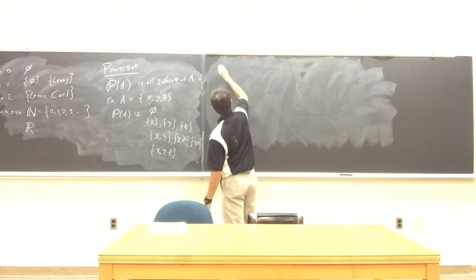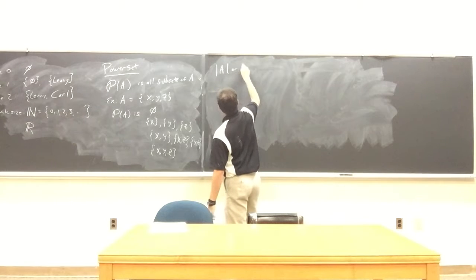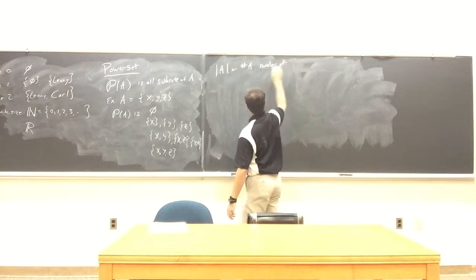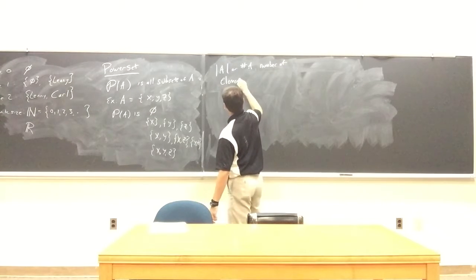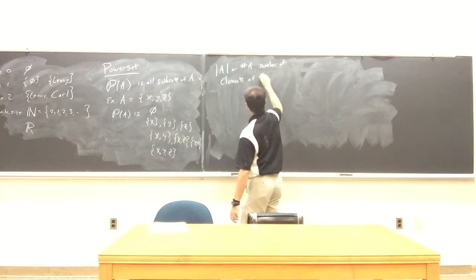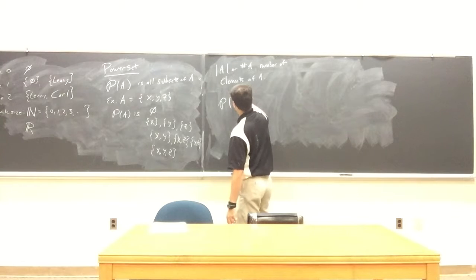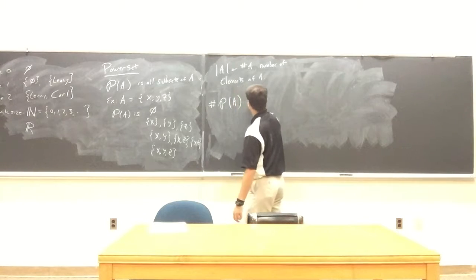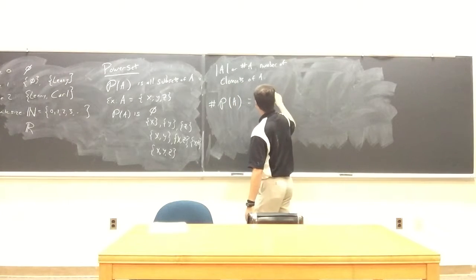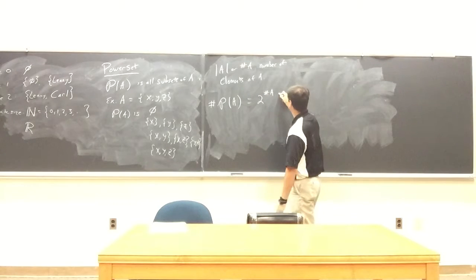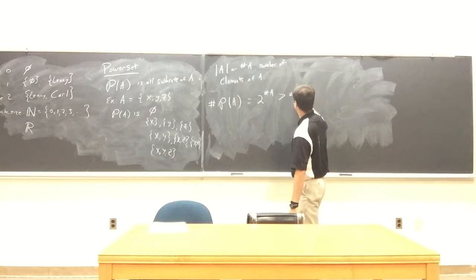And so we often let |A|, the cardinality of A, be the number of elements of A. And then the claim is that the cardinality of the power set of A is just 2 to the number of elements of A. In particular, this is clearly greater than the number of elements of A if this is finite.